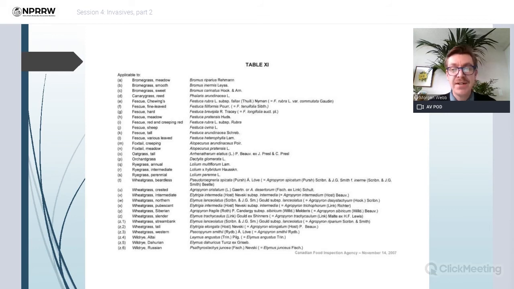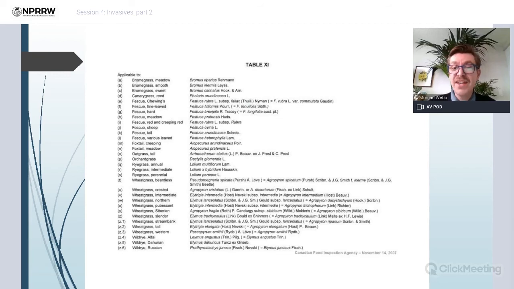Table 11 is like 3 pages long, and you can see here where it lists out the species on Table 11, and some of those are species that are native to parts of Canada, like the western wheatgrass, northern wheatgrass, and you will see that the seeds regulations also struggles to keep up with nomenclature to have the current scientific names, but these are the common names also that we are required to use on our seed reports.